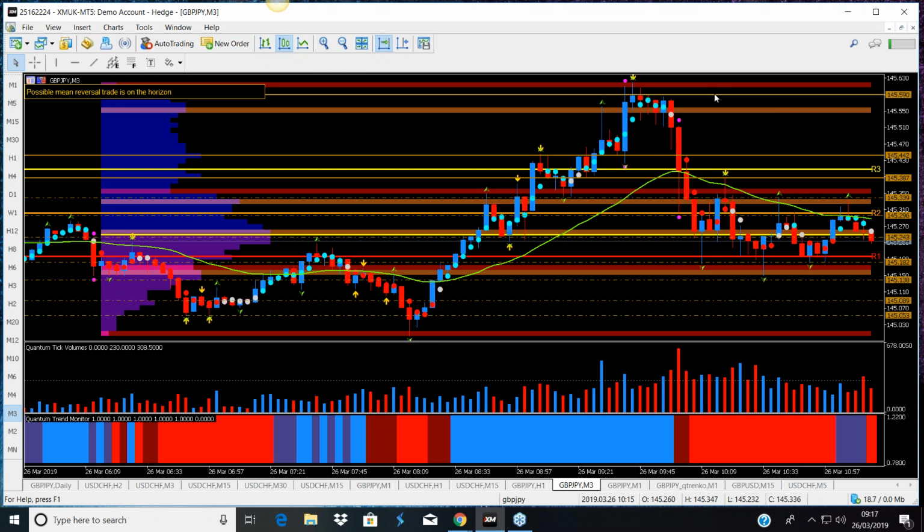And moreover, when you see a cluster of dashed lines very close together or a cluster of solid lines close together, it is a very, very strong region. Singly on their own, they're strong, but as clusters, they're even more powerful.